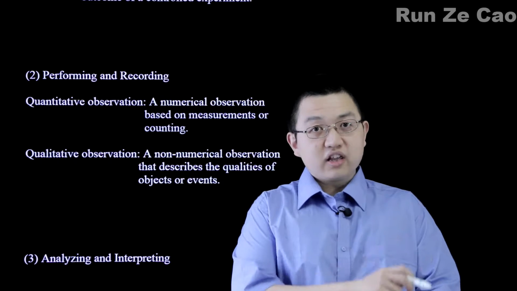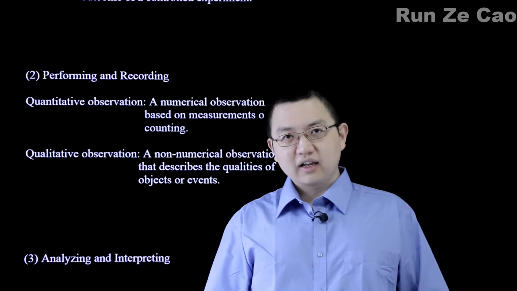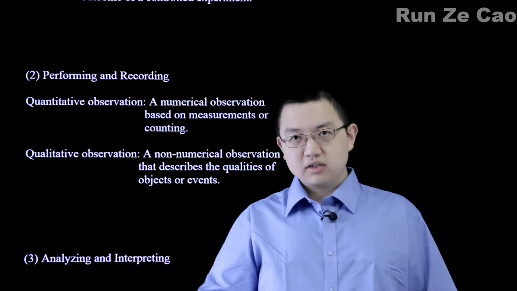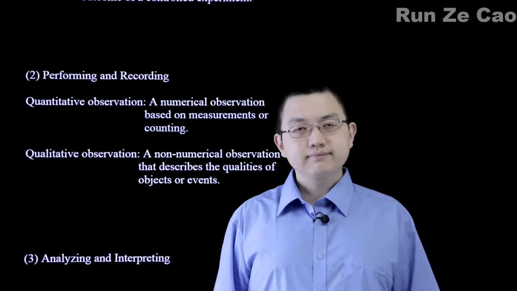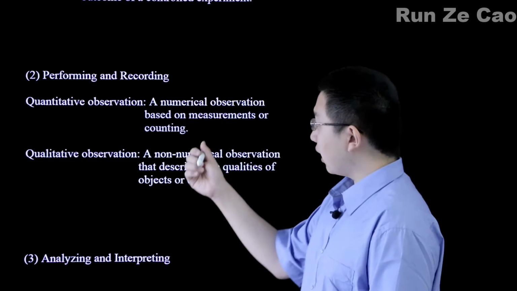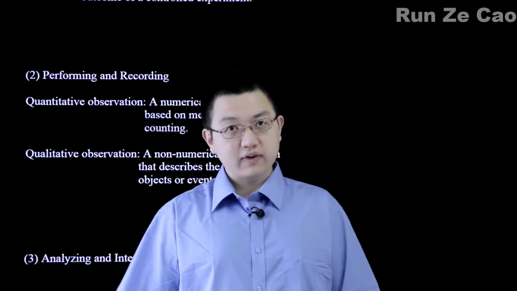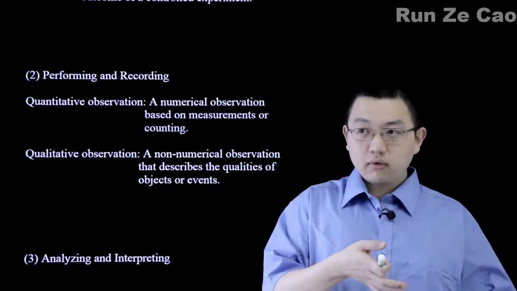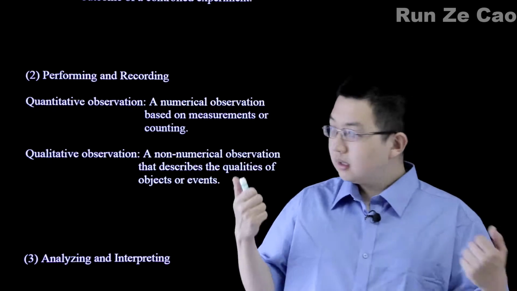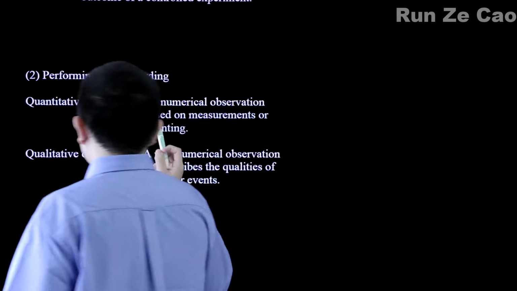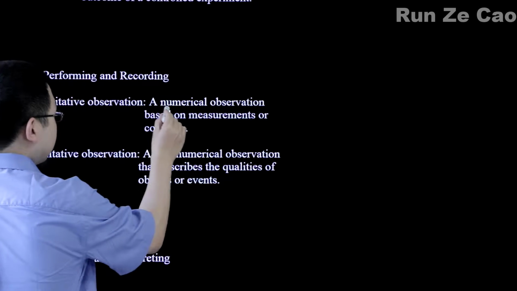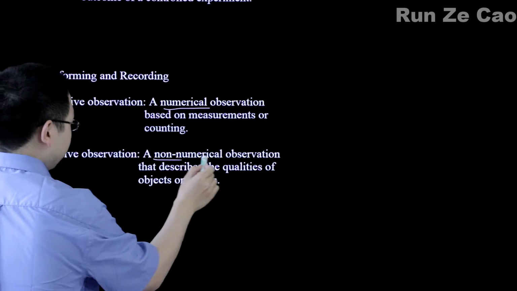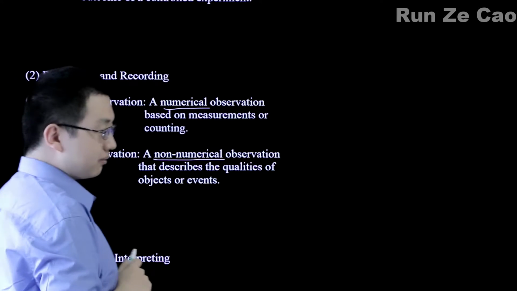Or the spectrum of reflected light is this, or whatever diagram. That would be a quantitative counterpart to the qualitative observation that an object is red, or blue, or green. So a quantitative observation, numerical. Qualitative, non-numerical.